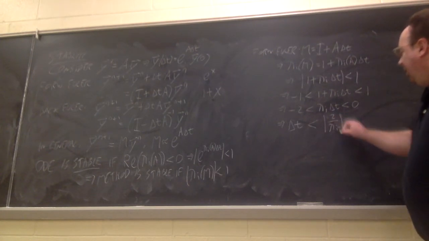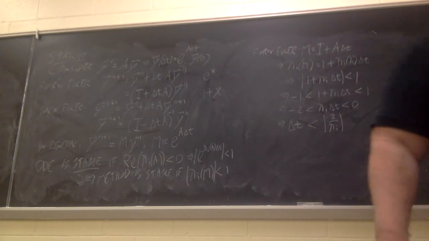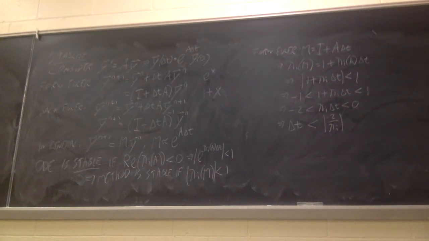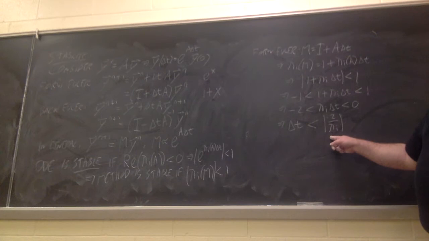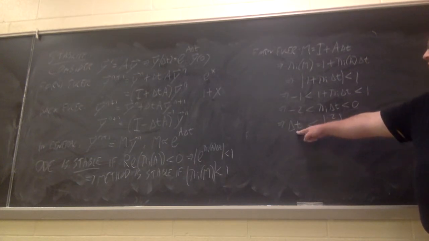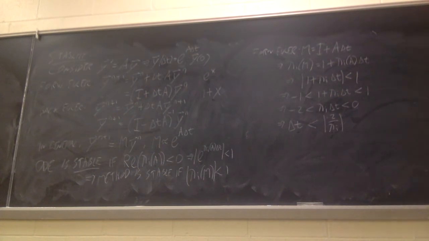So if A has particularly large eigenvalues, delta t must be particularly small. Can you say that again? Okay. Notice the inverse proportionality. So large eigenvalues of A lead to a small delta t to ensure stability.